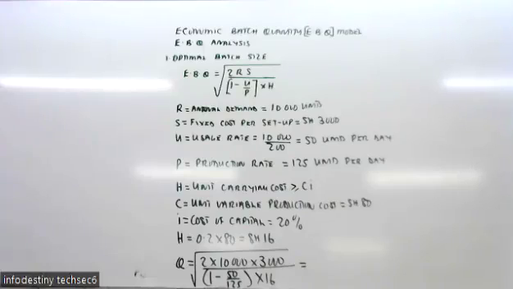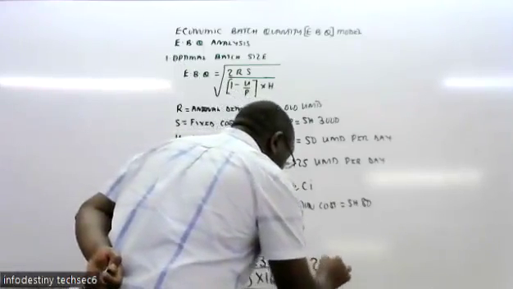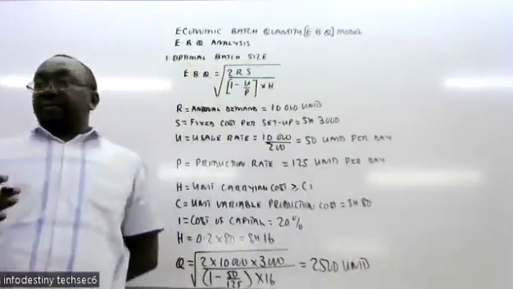No matter how many units? 2,500 units. So those are the units you should produce at a time.